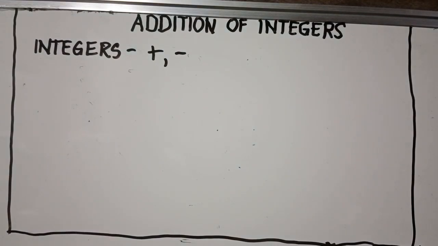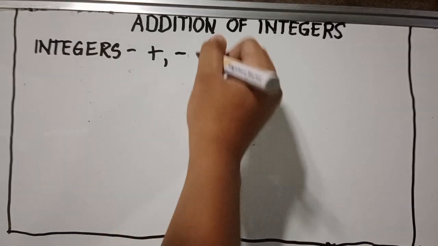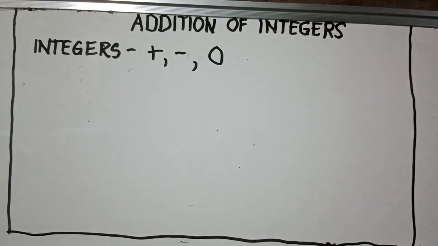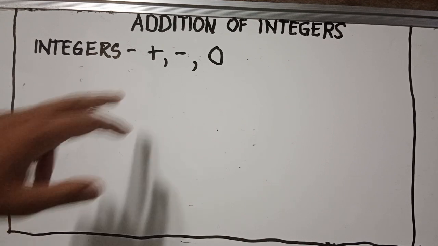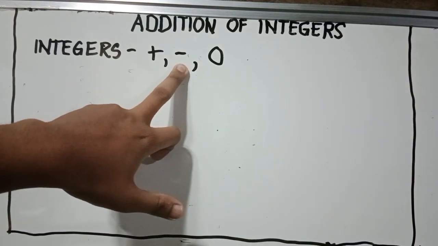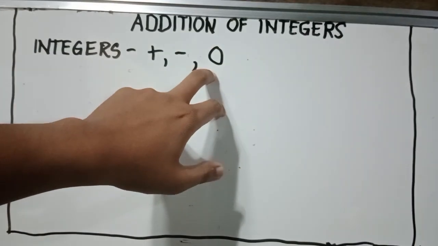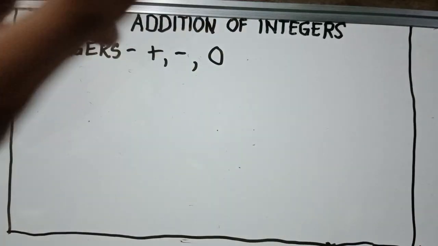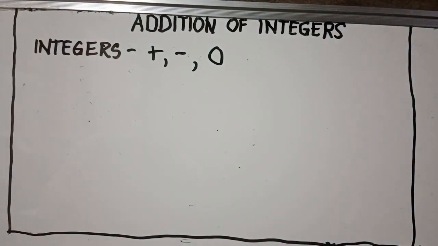But in the integers, 0 is also considered an integer. Therefore, integers are a set of real numbers that are either positive whole numbers, negative whole numbers, or 0. 0 means neutral, not negative, not positive.